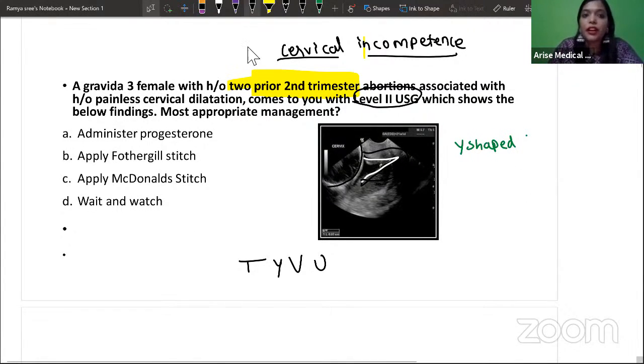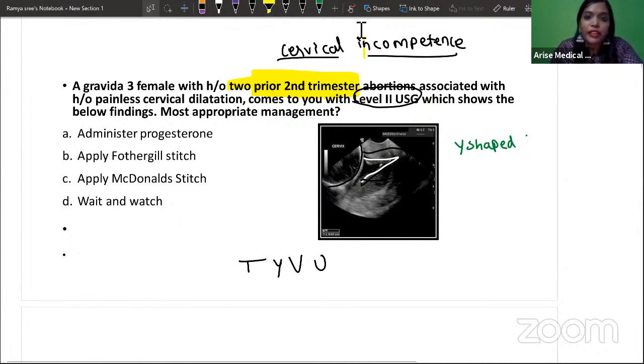Same question, but probably I've given cervix closed like a T shape, and cervical length around 3 centimeters.